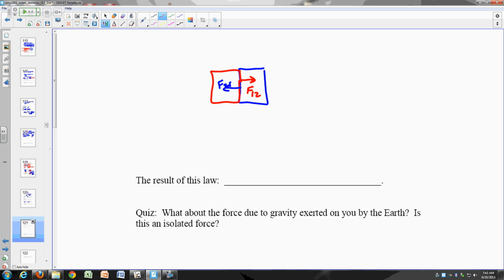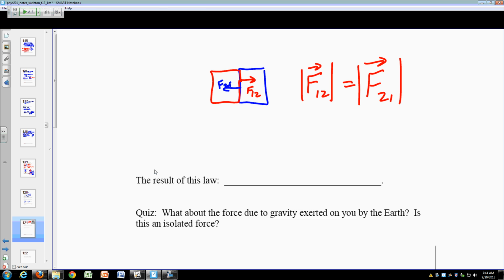So what Newton's third law says is that the magnitude of F12 is equal to the magnitude of F21. Those are equal but opposite, so they're in opposite directions. So for example, if I push on this, then it's going to push back on me with the same force. This seems more apparent when you're looking in the vertical direction.